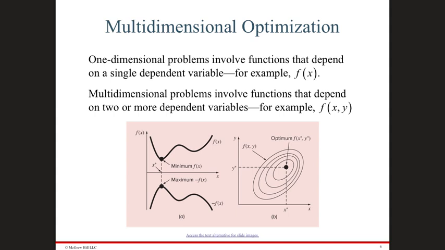So in that case, in case of dealing with multi-dimensional situations, the representation graphically is not simply a function in 2D as we see here. There are other ways to represent multi-dimensional functions. One of those is something called the contour plot.